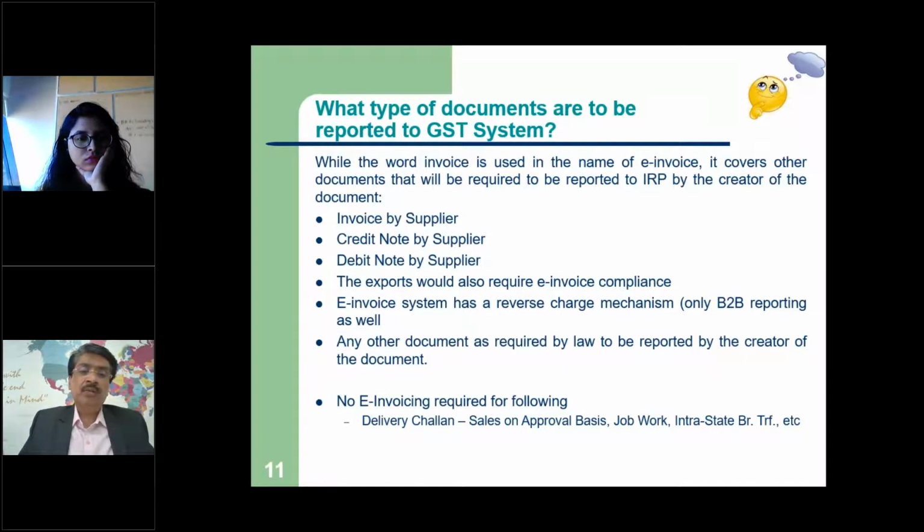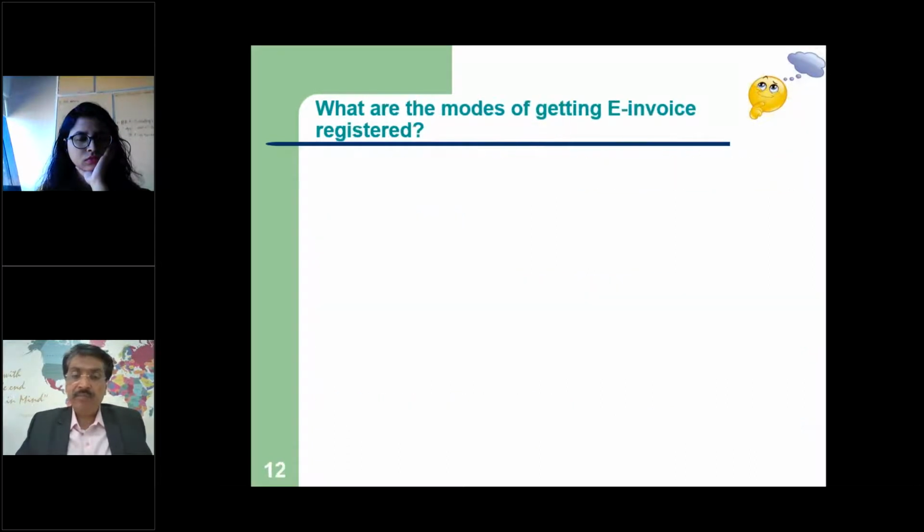So if the goods are going on approval basis on a delivery challan, then the e-invoice is not required, because the invoice itself is not required to be prepared at that point of time. So if the invoice is required to be prepared, the e-invoice is required to be prepared. If the invoice is not required to be prepared and goods are going on a delivery challan at that point of time, then the e-invoice will not be required at that point of time.